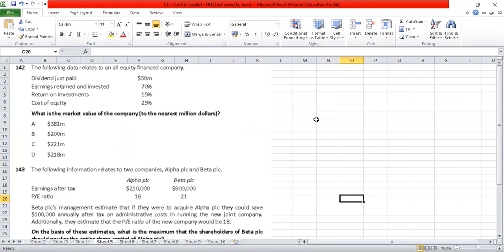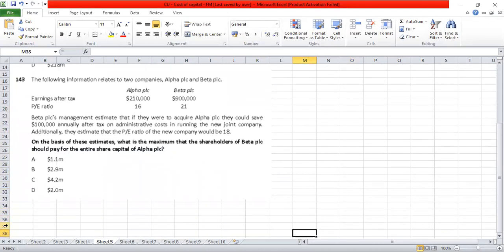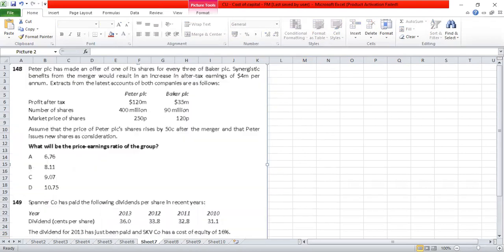Maybe we will take it up a little later because I need to talk about the valuation of the firm. So we'll do 148. We'll wait until at least another one or two students join, then I'll start the next topic for today. Until then, I'm just working out a few questions.